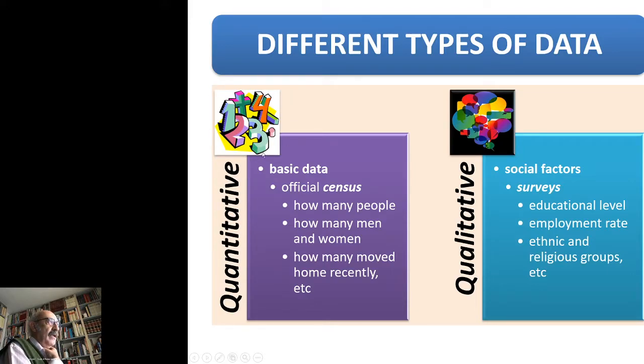Quantitative data are questions that are answered with a number. So they are basic data. And we know that because we produce census. Remember, the Romans weren't the first people to produce a census. You remember that when we studied the invention of writing, writing was invented to raise taxes as well.